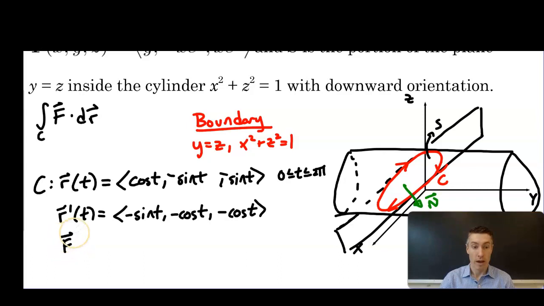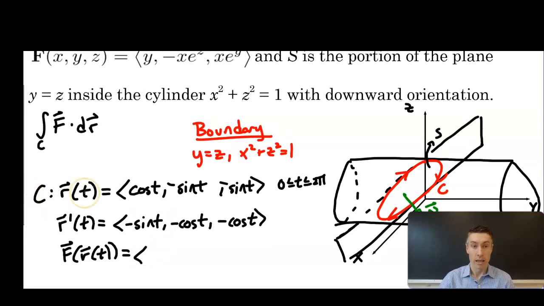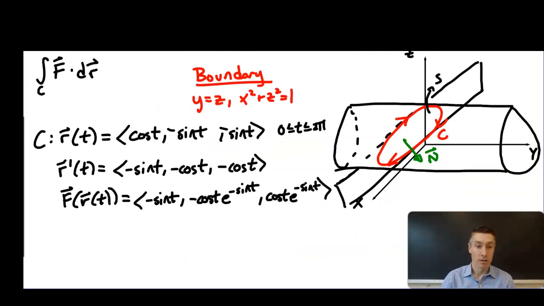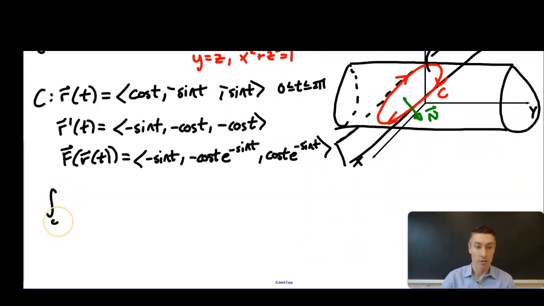We need to redefine our vector field in terms of t. So that's going to be negative sine t, negative cosine t e to the negative sine t, and then cosine t e to the negative sine t. Then we have the integral from 0 to 2 pi of our dot product.